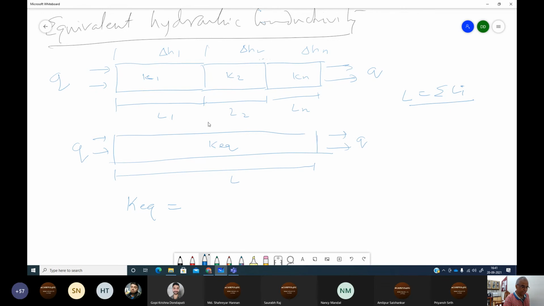And here is total del H, and this will be the summation of del Hi. Now you can do it. For each layer, you can write del H1 because the formula is already given to you.